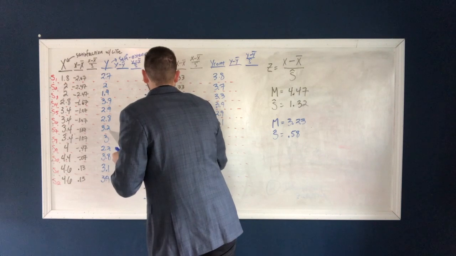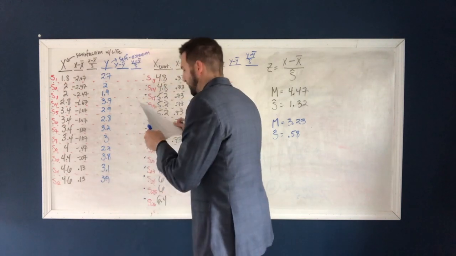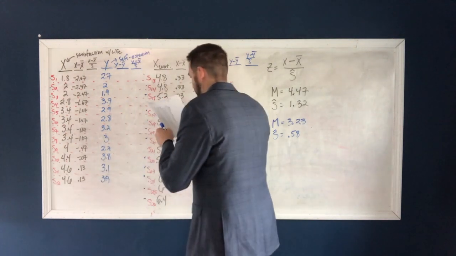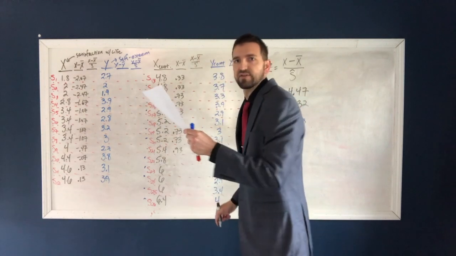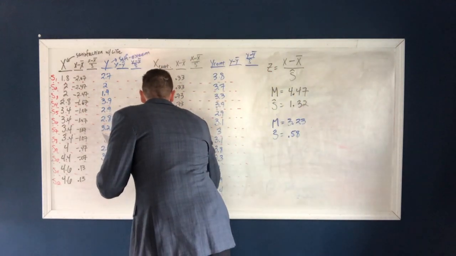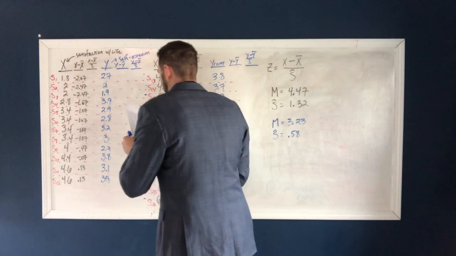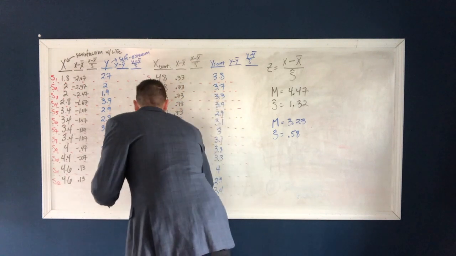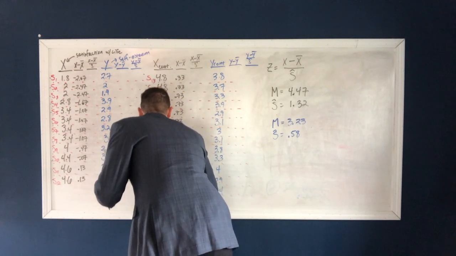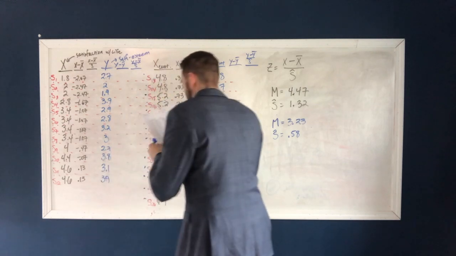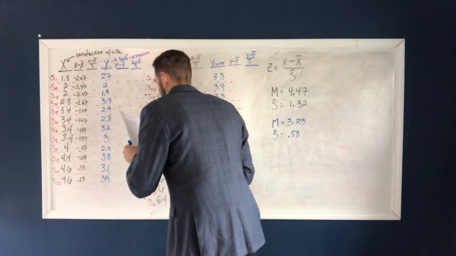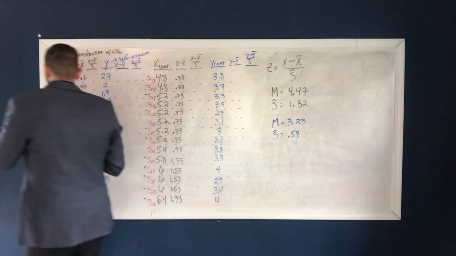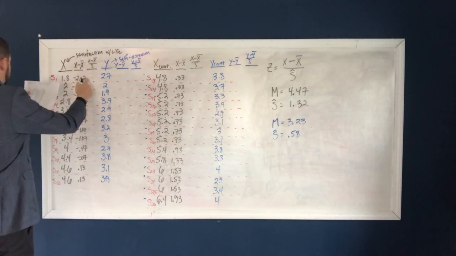Thought it was done. 5.4 minus 4.47 is going to be 0.93. 5.8 minus 4.47 is going to be 1.33. 6 minus 4.47 is going to be 1.53. And 6.4 minus 4.47 is going to be 1.93. So let me just make sure I got them all correct.